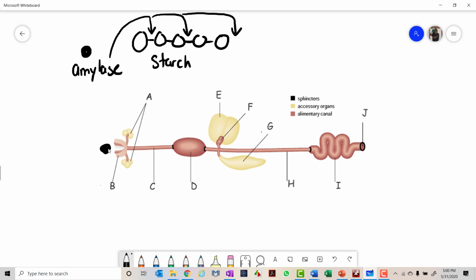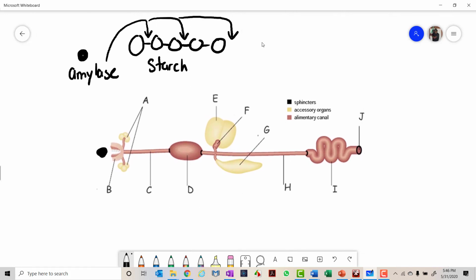So instead of getting single units, what ends up happening is the starch, instead of breaking down into individual glucose units, breaks into these disaccharide units, sometimes larger. So you might get a maltose kind of molecule. Regardless, that happens in the beginning of this digestive process.